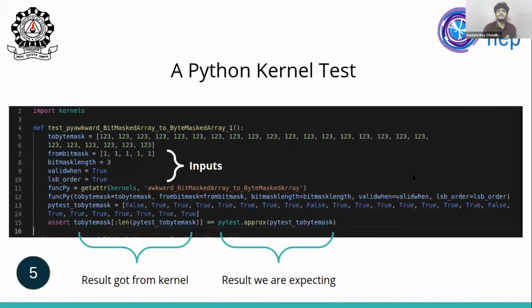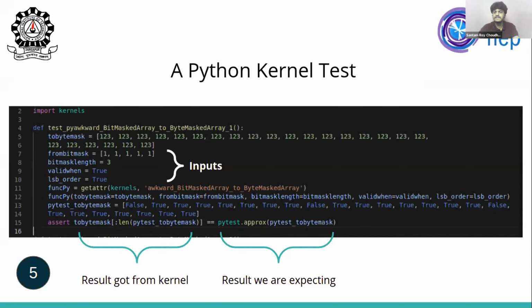This is one of the auto-generated Python tests. We have all the inputs in here. These inputs are hard-coded in the kernel specification file. The script takes in these inputs, passes them through the Python kernel and gets back the output.